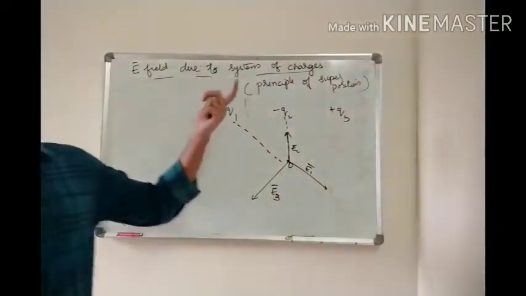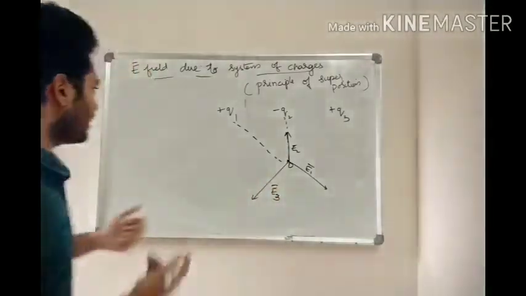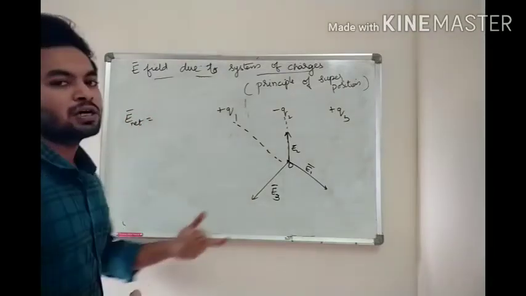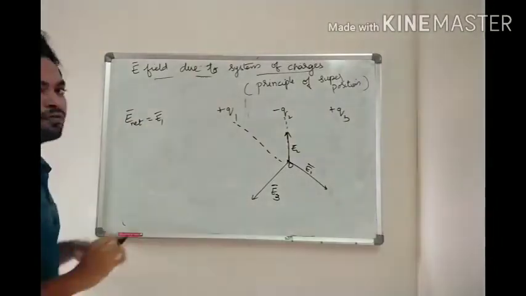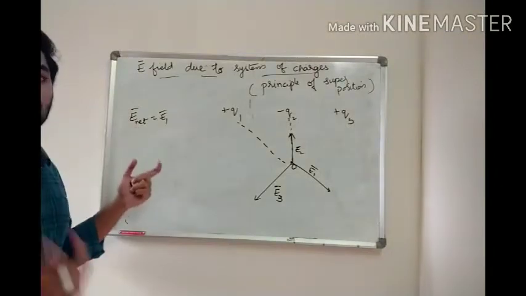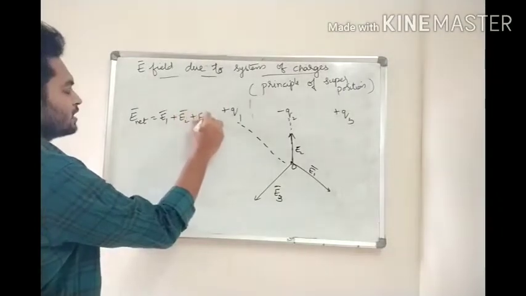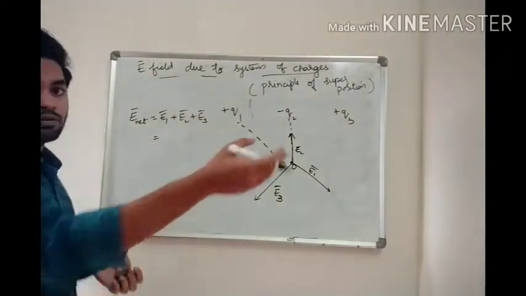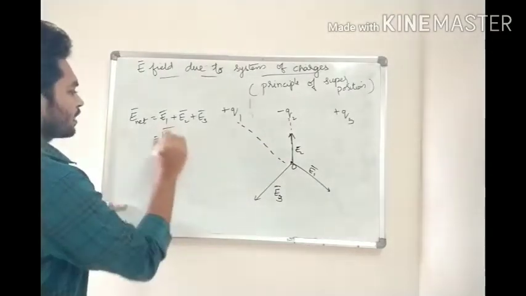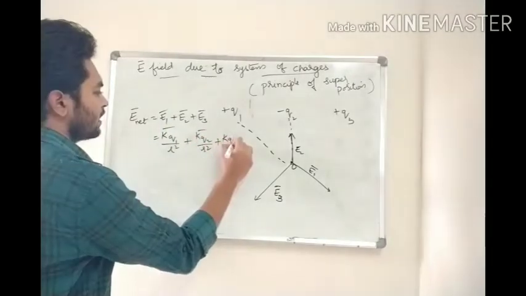So according to the principle of superposition, the E net electric field is equal to the sum of all the electric fields, which is a vectorial sum. So E net is equal to the vectorial sum E1 bar plus E2 bar plus E3 bar. We have seen the intensity: KQ1 by R square plus KQ2 by R square plus KQ3 by R square.